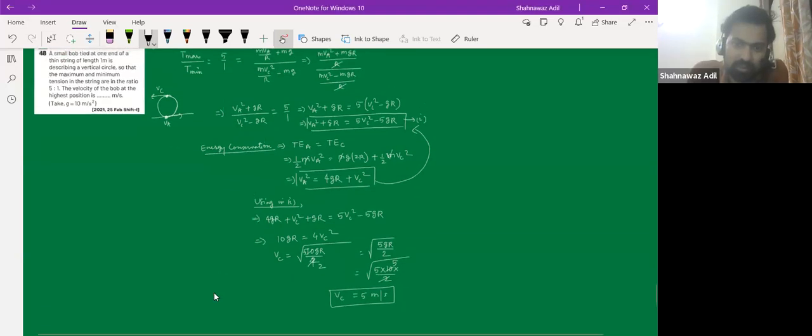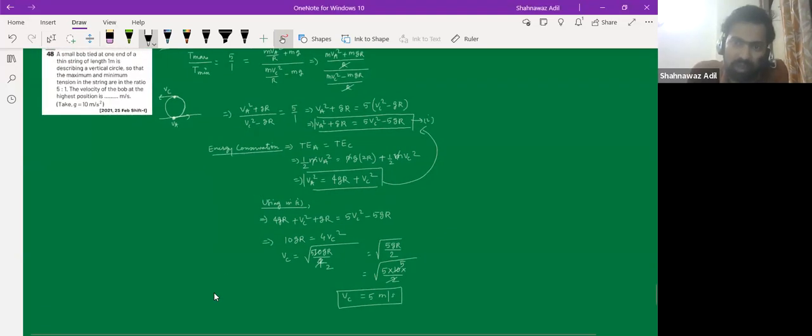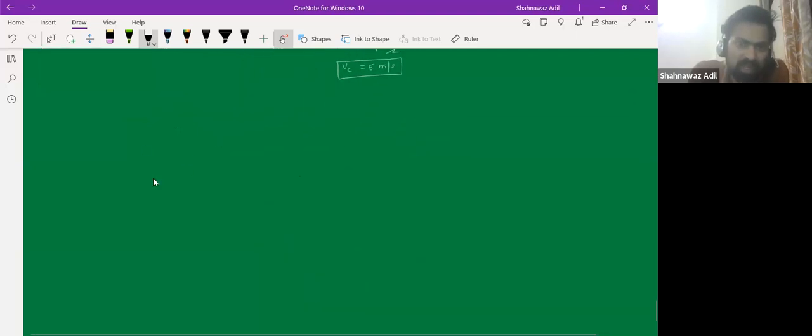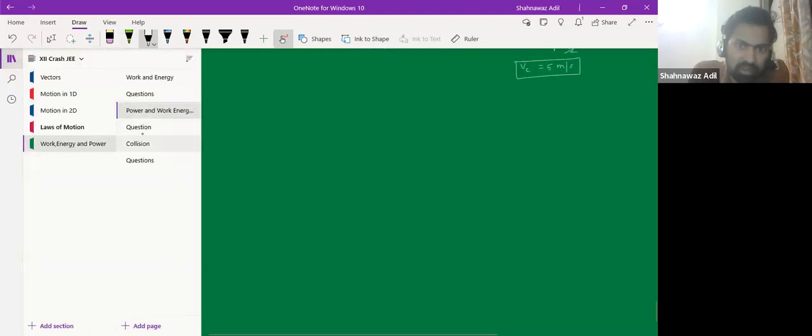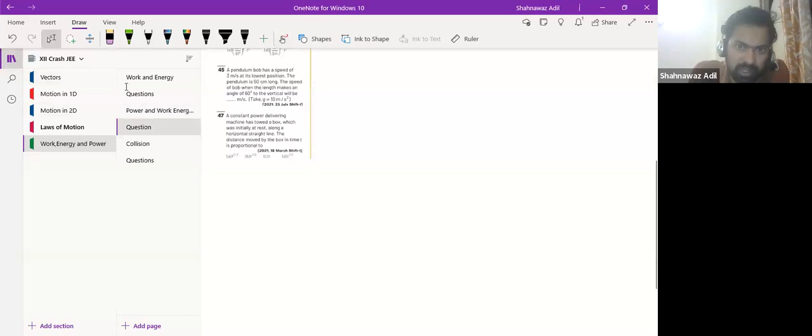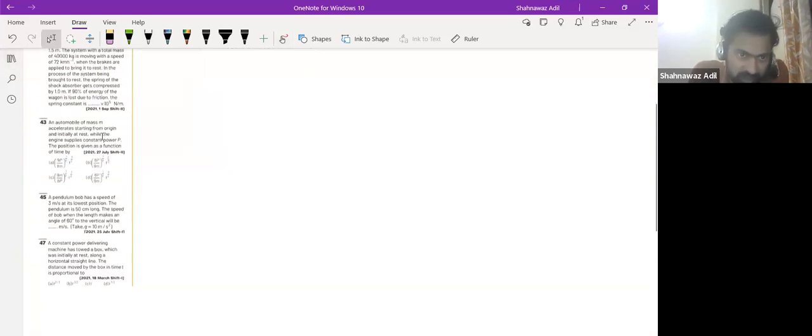Okay, so let us do a simple one. But before I do that, let me bring that very important question. So all these things are very simple ones. An automobile accelerates starting from origin, and while the engine supplies constant power, the position is given as a function of time by.